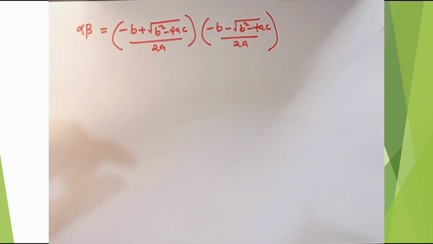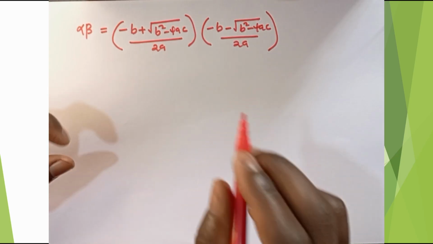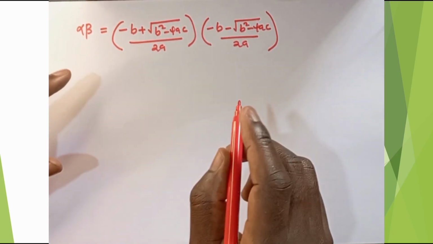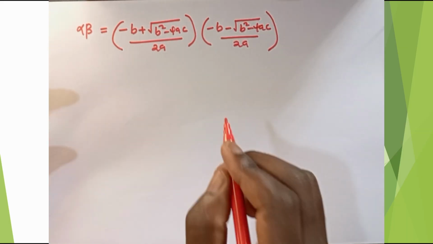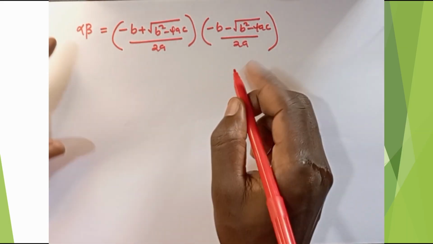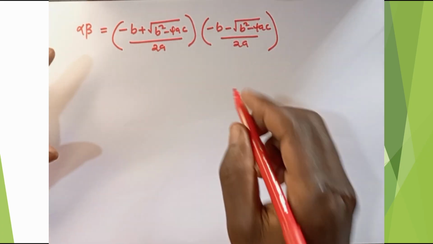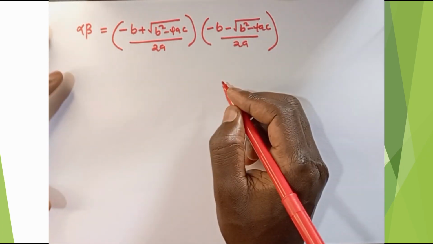It is always very interesting and makes math very easy whenever you know how things come about rather than cramming them. Whenever you cram, you make math harder. But whenever you understand that this came from this and that, it becomes easier for you and it makes math easier.